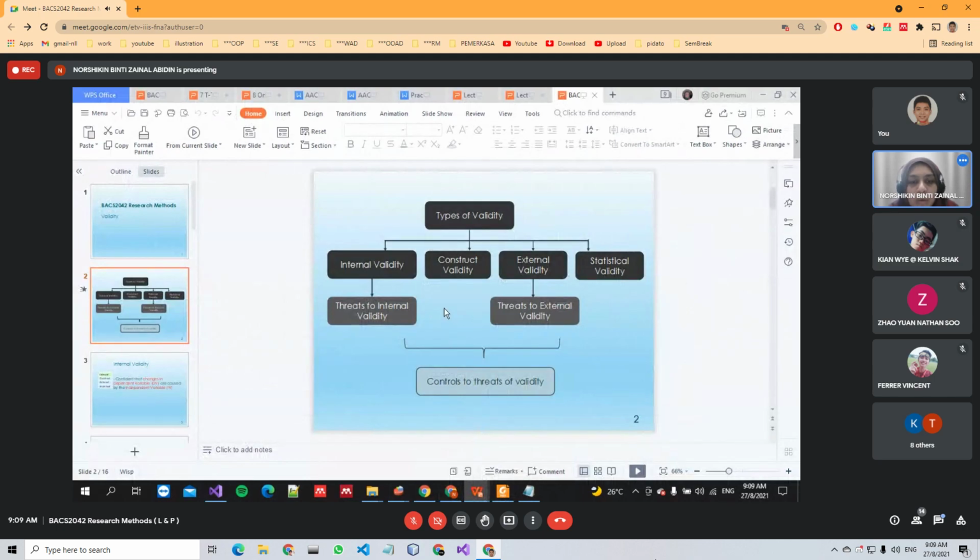Between these four, two of them have threats. Threats are something that will affect the validity of our work, but we will see that later. So there are four types of validity and two types of threat to our validity.